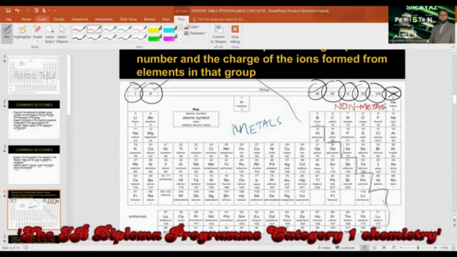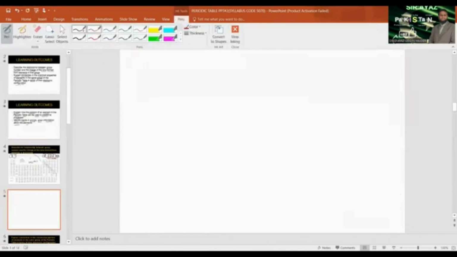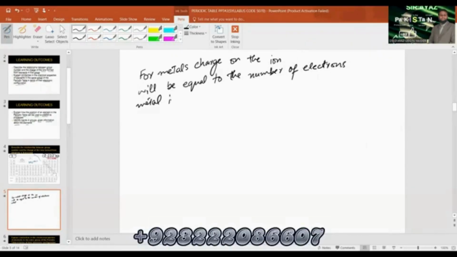So for the metals, the charge on the ion will be equal to the number of electrons the metal is going to lose during bonding.